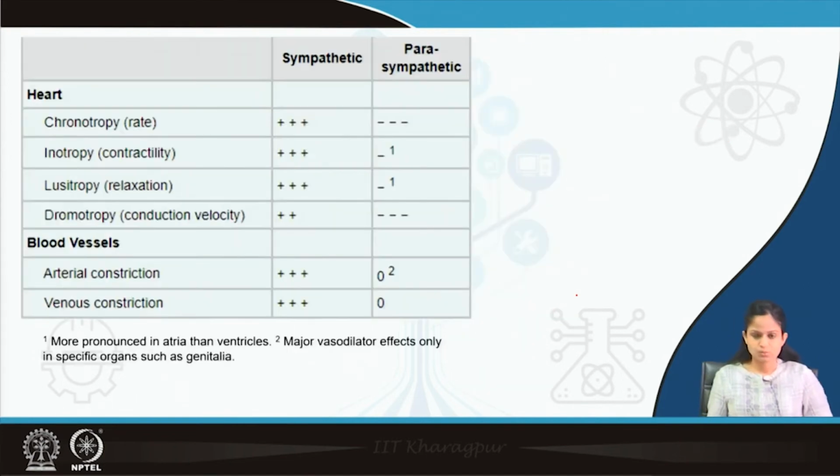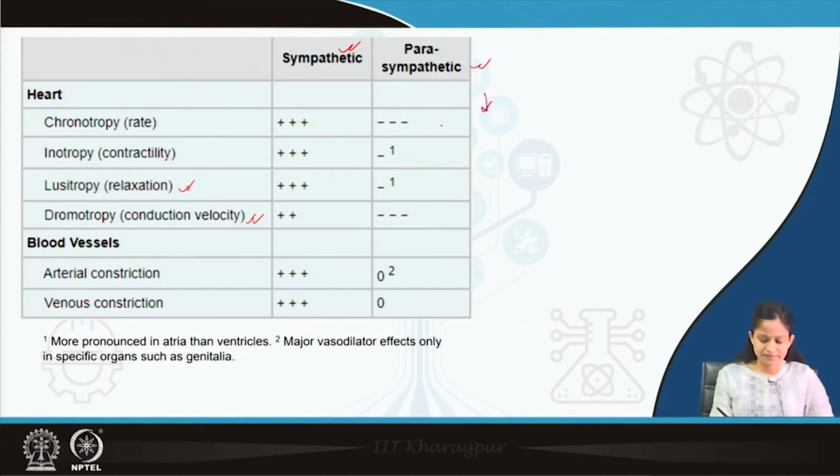So, what are the overall effects on the heart? Chronotropy is the change in rate, inotropy is the contractility, inotropy coming from the ions, calcium ions, lusitropy means relaxation rate, and dromotropy means conduction velocity. All of these get increased under sympathetic stimulation, and parasympathetic stimulation usually decreases all of these.